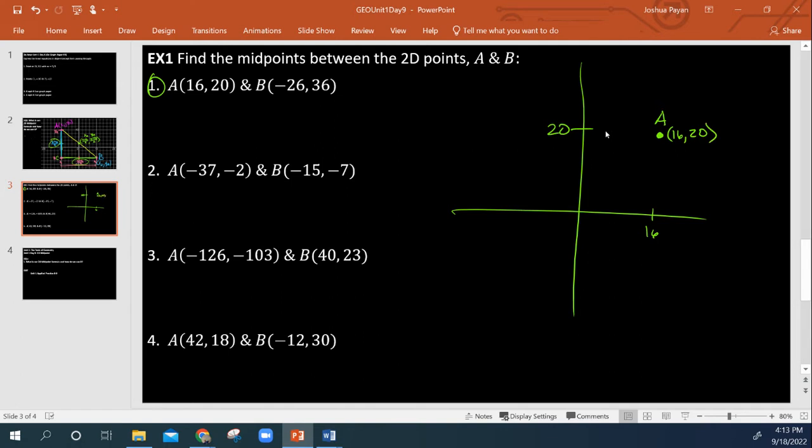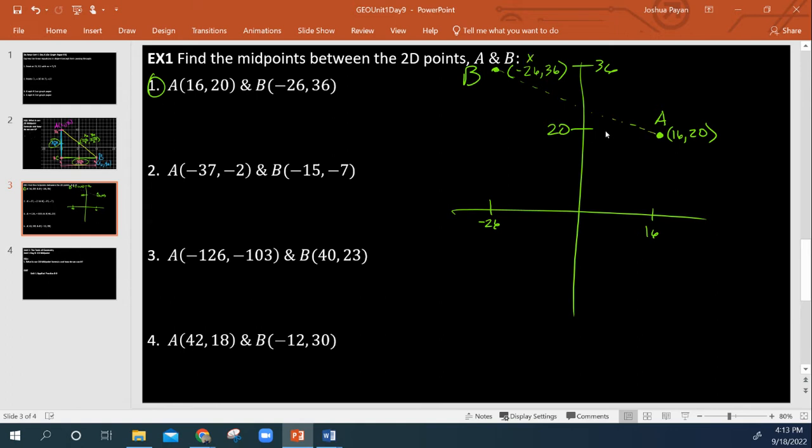Okay, and point B is at -26 by +36. So we'll say 36 is up off to the side here. So there's point B at -26 by +36, right? And we're looking, of course, for the midpoint between them.